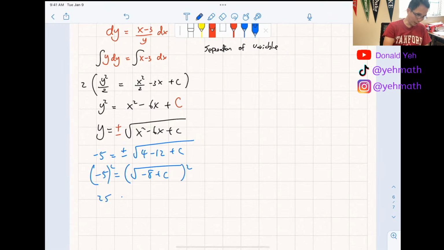That's going to give you 25. Sorry, this is the negative side. But if you square the negative, it's going to be positive. So it's going to be -8 plus c. C equal to 33. And then you're going to get y is equal to negative square root of x squared minus 6x plus 33.